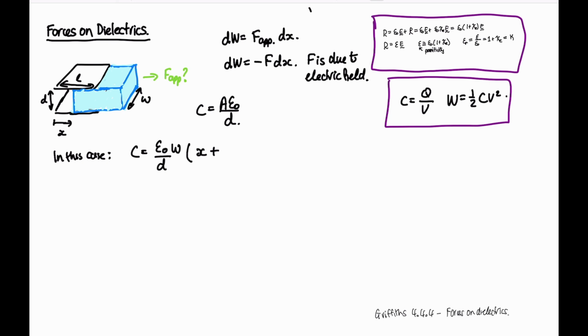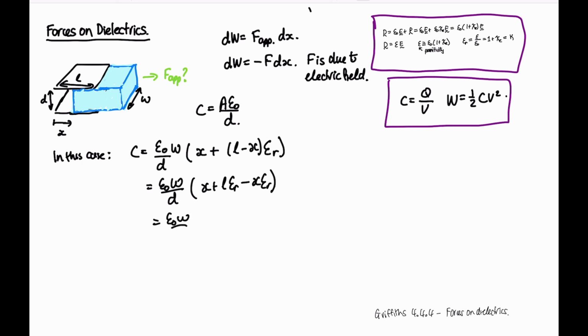So this one here has a length given by L minus X, and it has a relative permittivity of epsilon R. So we can write this as epsilon naught W over D. And here we've got X plus L epsilon R minus X epsilon R. And this is equal to epsilon naught W on D, and then we've got X outside of 1 minus epsilon R plus L epsilon R.